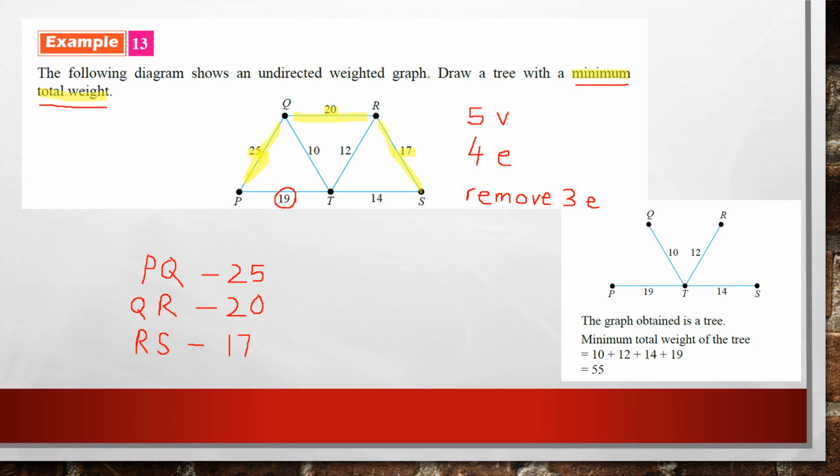So you can calculate the total weight: 10 plus 12 plus 14 plus 19. So you will get the answer 55.